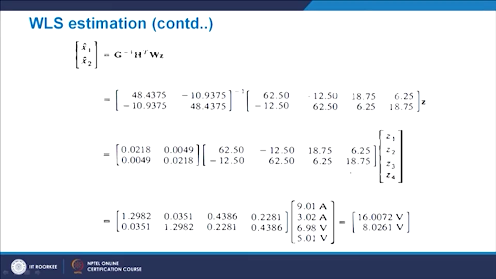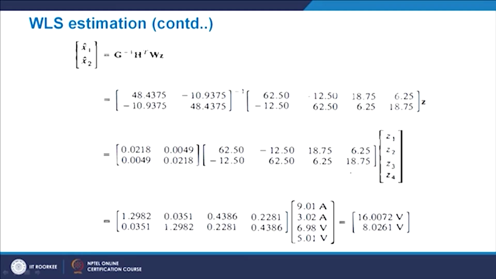G inverse is a 2 cross 2 matrix and H transpose W is a 2 cross 4 matrix, so this whole quantity is a 2 cross 4 matrix. Then we substitute the values of Z1, Z2, Z3, Z4.